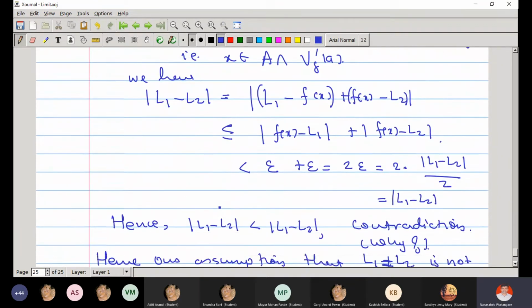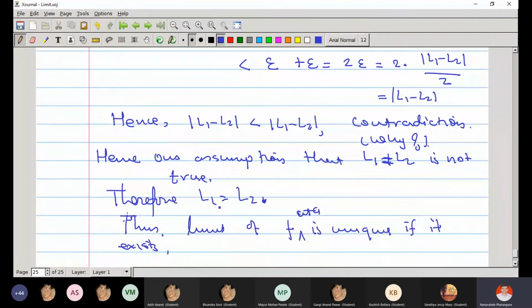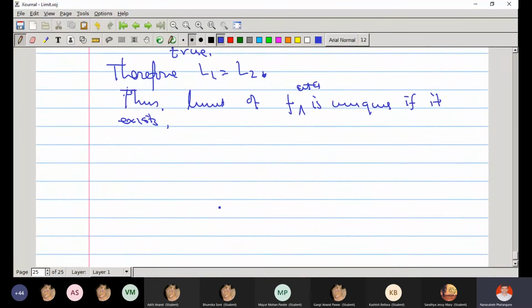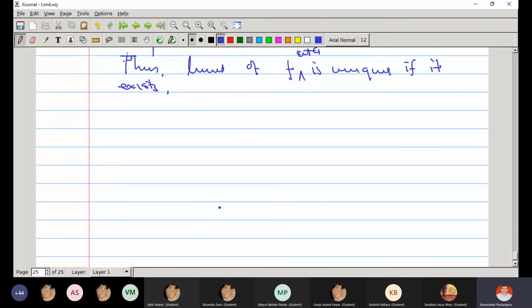This is an immediate consequence of the definition of limit, because otherwise, if the limit is not unique, then things will collapse immediately, right? How will things collapse? Suppose you have launched some satellite, and you are expecting that your satellite will land at some place on Mars or Moon, whatever.